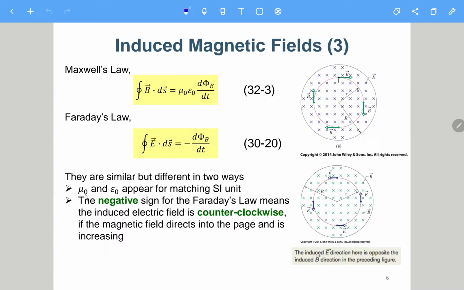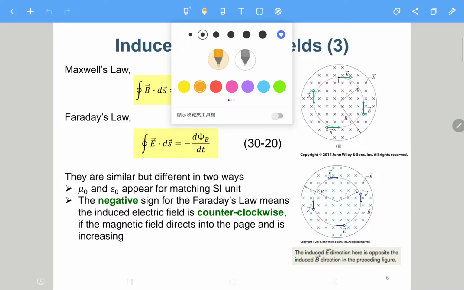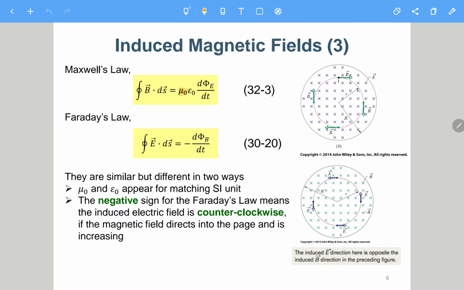So first is that mu0 and epsilon 0 appear for matching the SI unit. So the first point is that here we have these two constant terms, so that the SI unit will match.